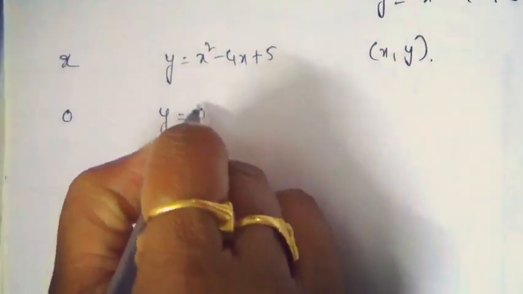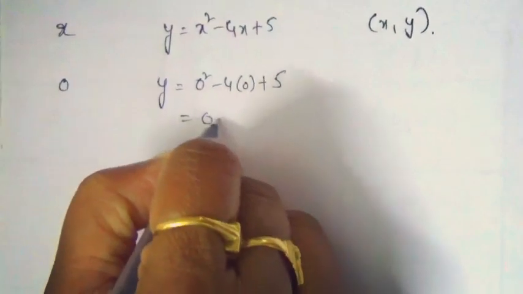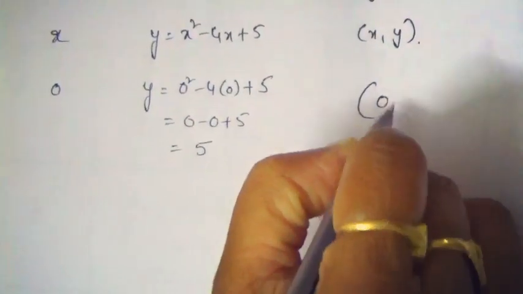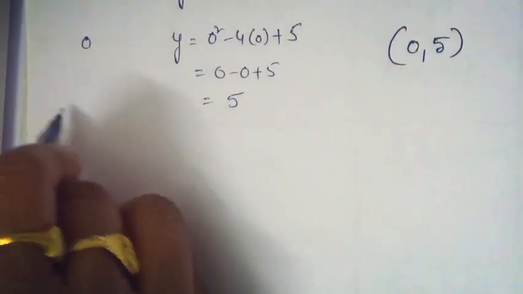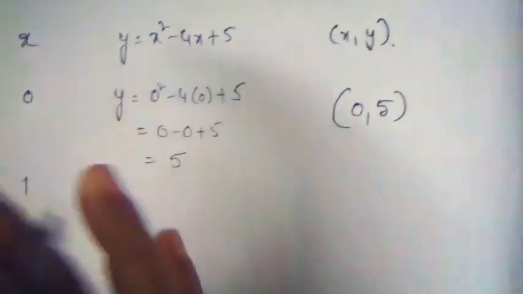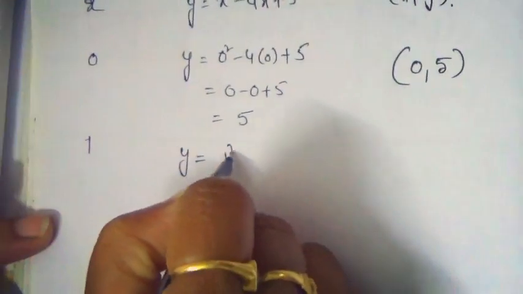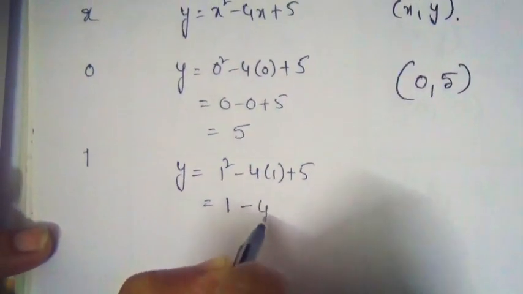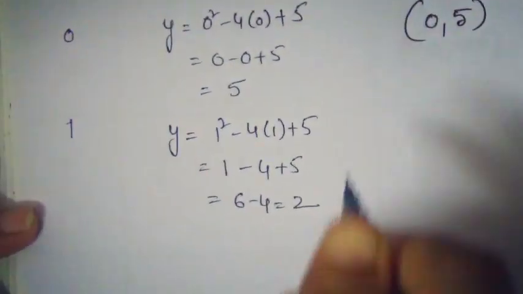That is y equals 0 square minus 4 of 0 plus 5, which is 0 minus 0 plus 5, that is 5. So the first coordinates are 0 comma 5. Now I take 1 as the value. y equals 1 square minus 4 of 1 plus 5, that is 1 minus 4 plus 5, which is 2. So the coordinates are 1 comma 2.